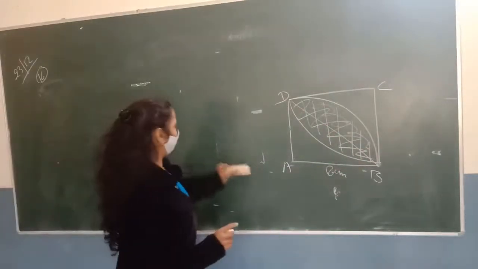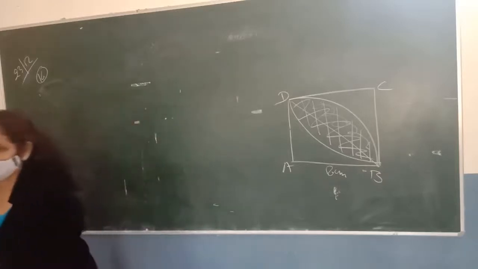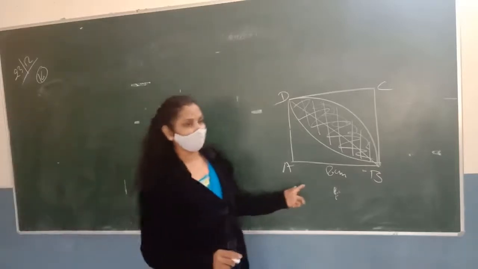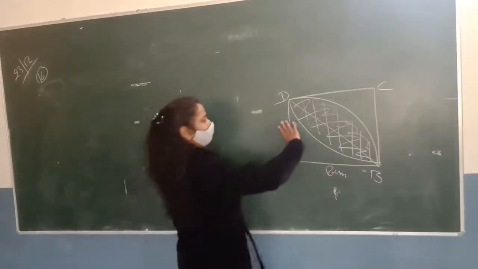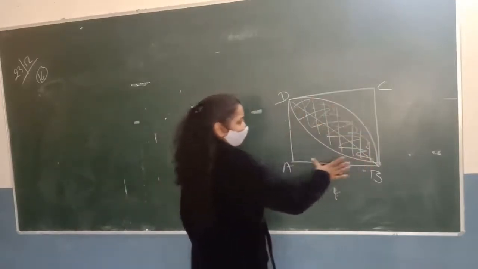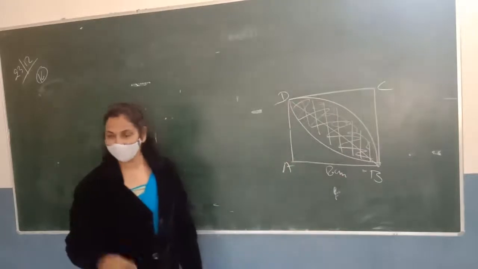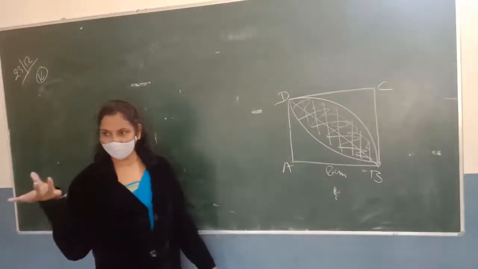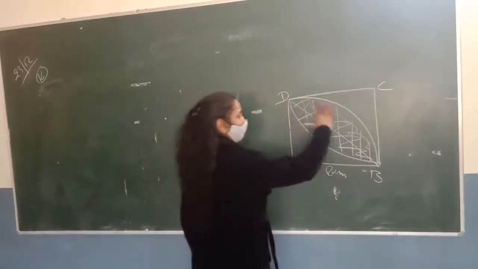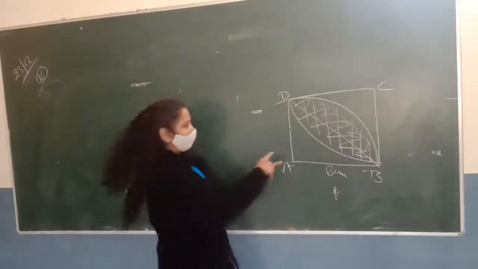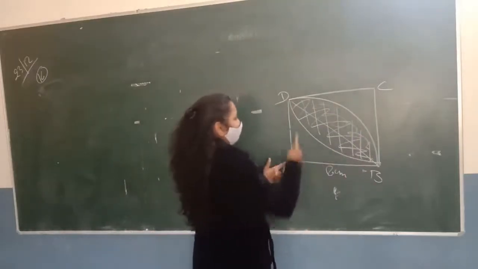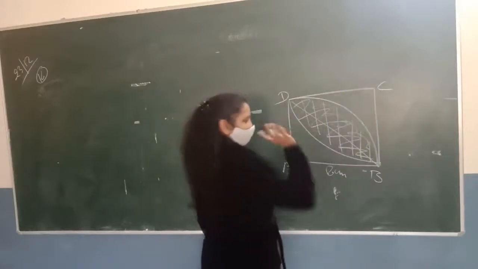This is one method. Another method: you can add the area of two quadrants. You can find the area of this quadrant and multiply it by 2. It means we are finding the area of this quadrant plus this whole one. Aapne kya kara, dono ko add kar diya, to ab ye area aapke paas hai aur ye area aapke paas hai total.